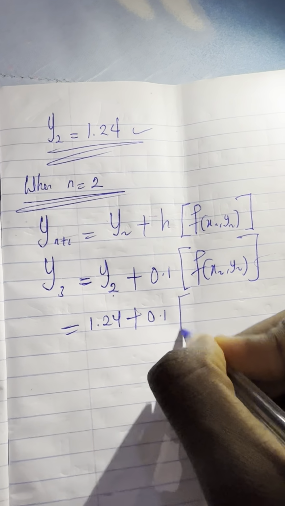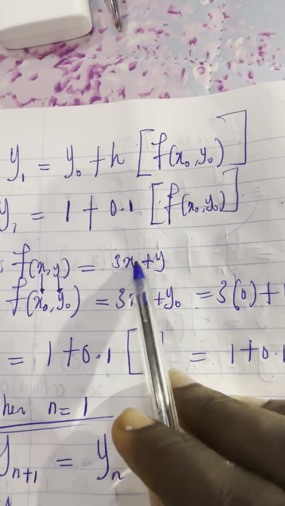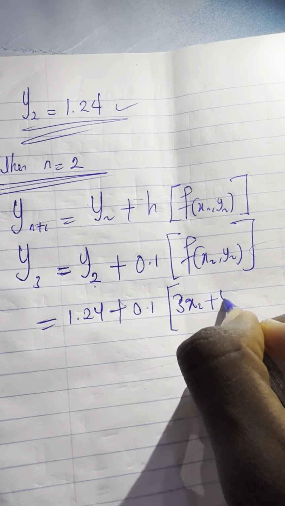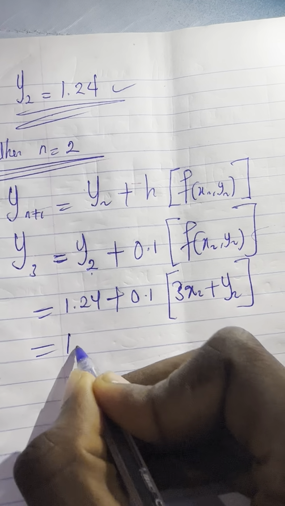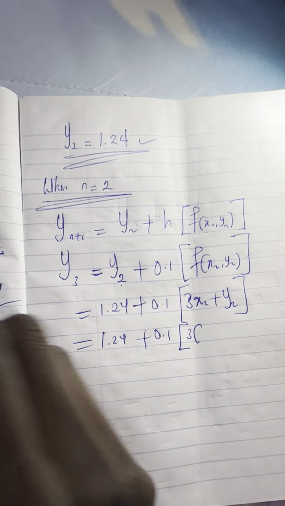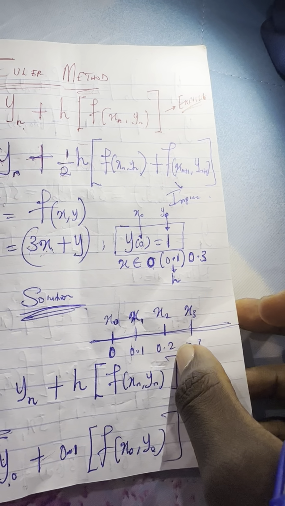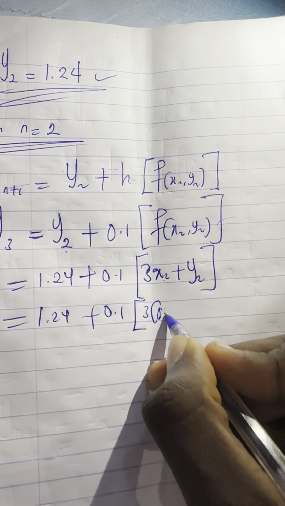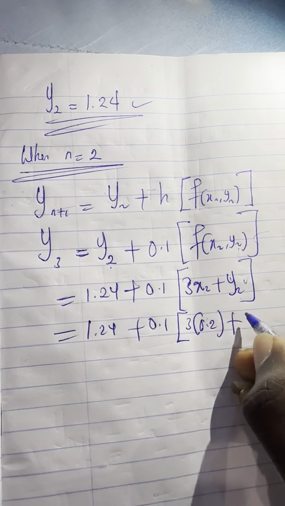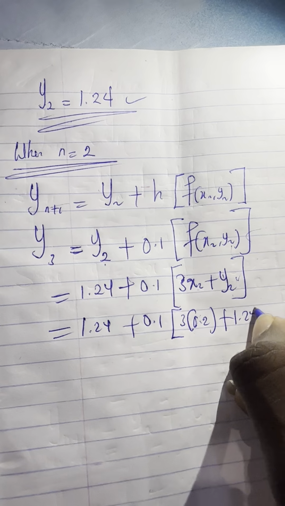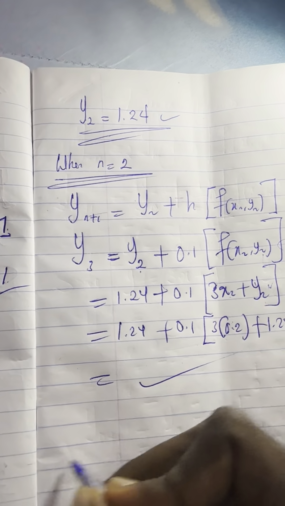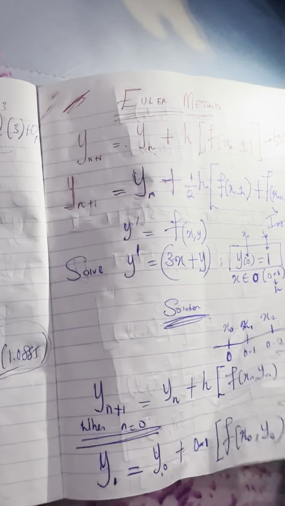My f of x2, y2 will now be 3x2 plus y2, so 3 times x2 plus 1.24. Checking the number line, x2 is 0.2. Your y2 is 1.24. Punch this into the calculator, whatever you get, then do the last one too. That's where you stop.